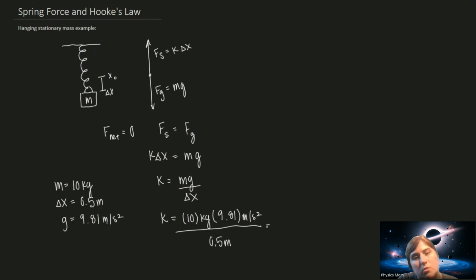This is going to give me, remembering the spring constant in terms of its unit should be a newton per meter, a newton is a kilogram meter per second squared, so this ends up being a newton per meter. And then if I were to plug this in, I would get 196.2 newtons per meter as my unit.